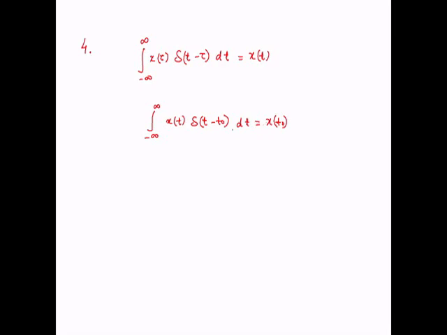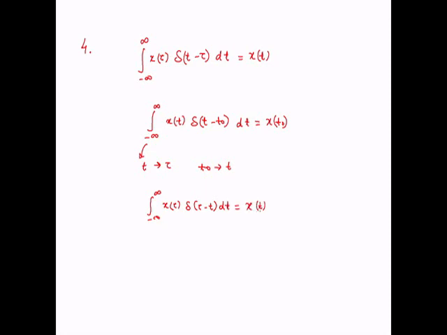So we can replace in this identity t by tau and t naught by t. So we can write, after replacing, the integration minus infinity to infinity of x(tau) delta(tau minus t) d tau is equal to x(t).